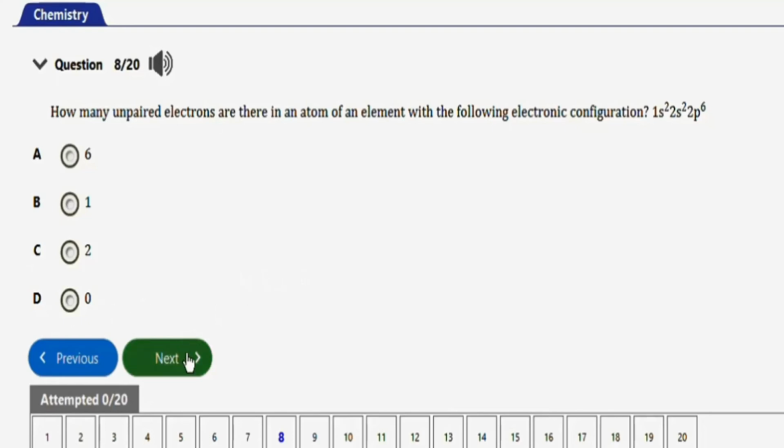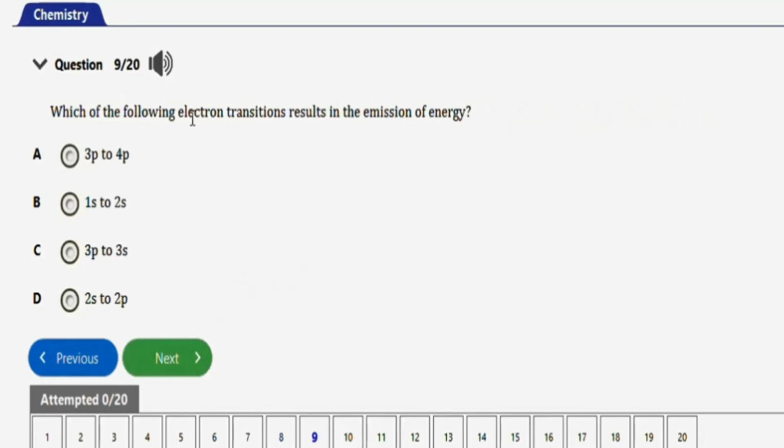The next repeated question says, which of the following electron transitions results in the emission of energy? When you talk about the emission of energy, from the options we have here, the emission of energy will occur from the higher orbital to the lower orbital.